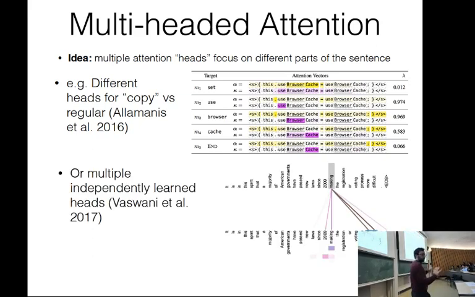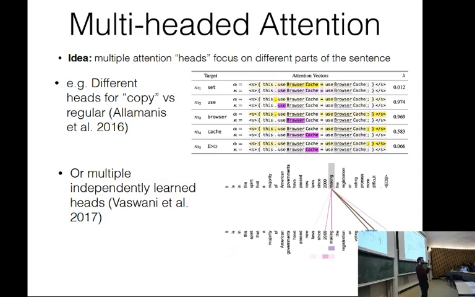Or we might have several independently learned heads that we don't guide whatsoever through the loss function. We just have several attention heads, and we tell them to learn whatever they want. And in this work, in the transformer model that we talked about earlier, they did do that. So instead of just generating one distribution of weights over the source, at every step they have 8 different heads, and they showed that this improved results a lot.